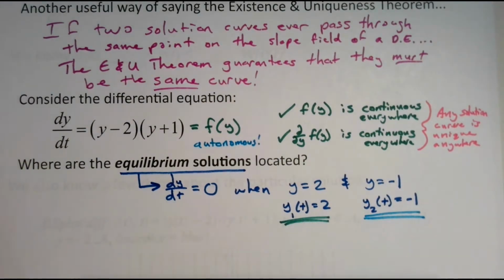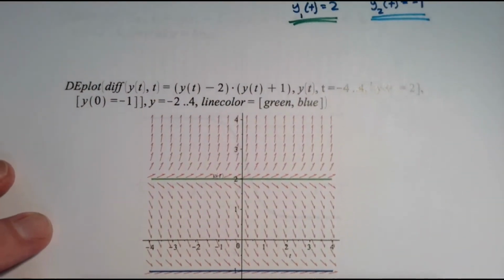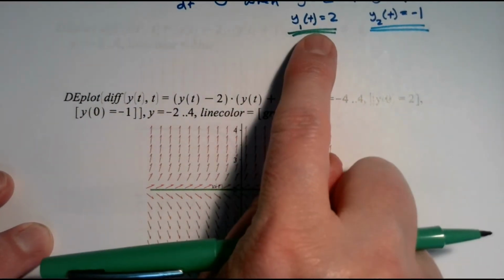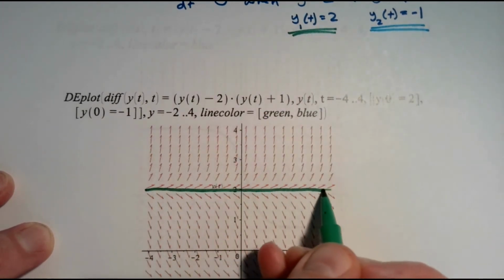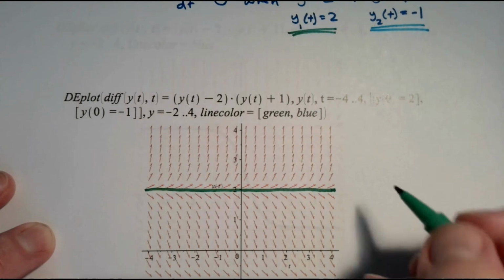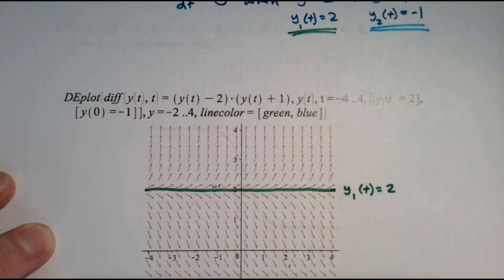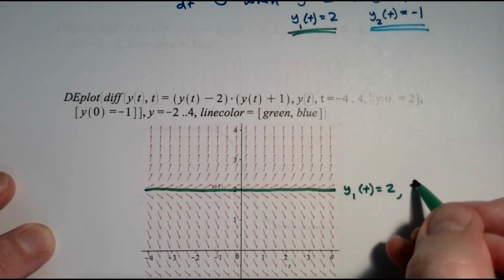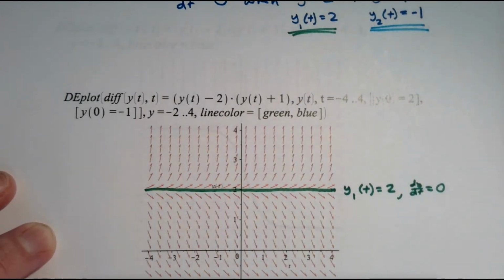So when I produce my DE plot, which I did in Maple and included in the notes, you can see my first solution curve, the green one, is right here. That's my equilibrium solution, y1 of t equals 2, and that's where the derivative is equal to 0.